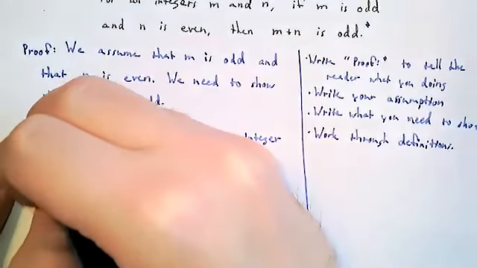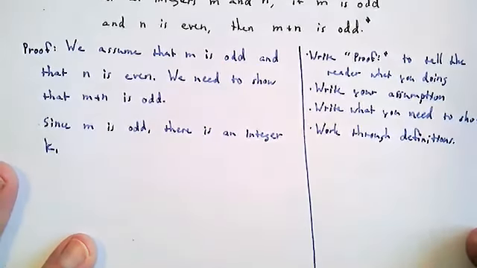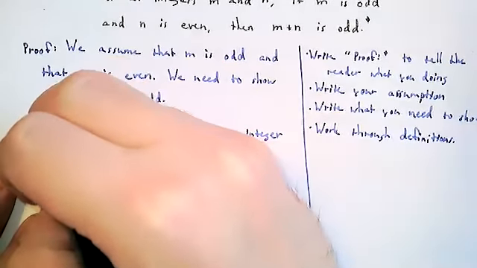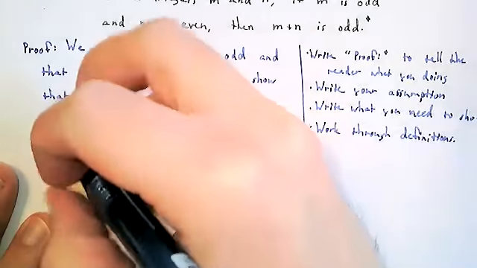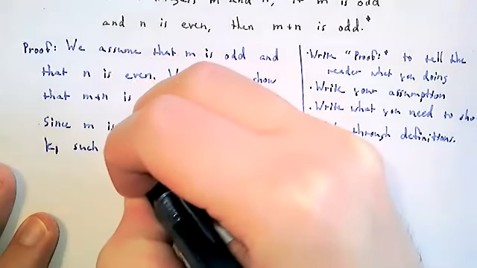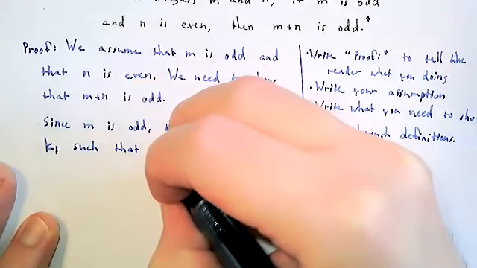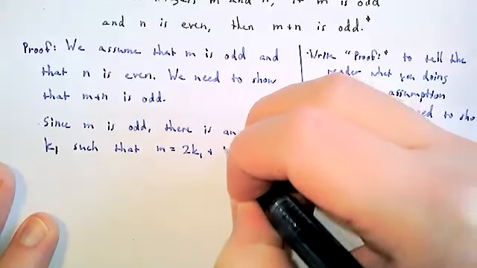And I'm going to use k1 since I'm going to need to eventually talk about more than one integer. So giving it an extra subscript lets me talk about more than one thing. So m is equal to 2k1 plus 1.